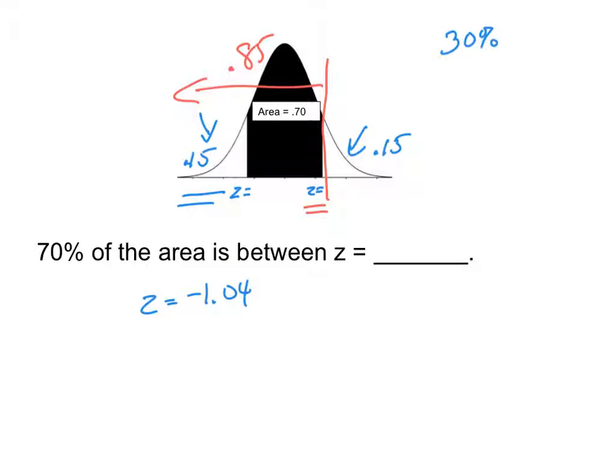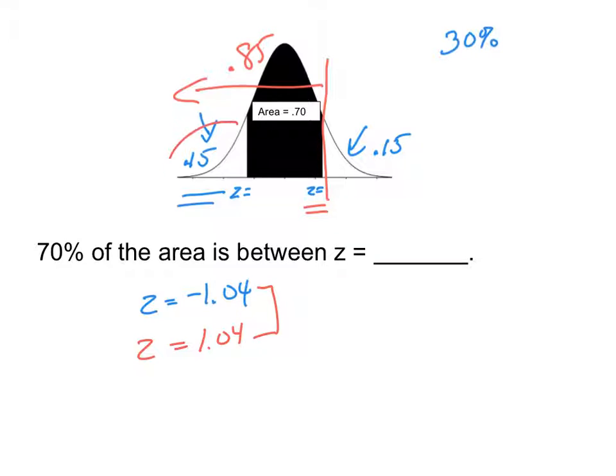So if I want to find the total area to the left of the second z-score, I inverse norm 0.85. What happens when I inverse norm 0.85? I get a z-score of positive 1.04.